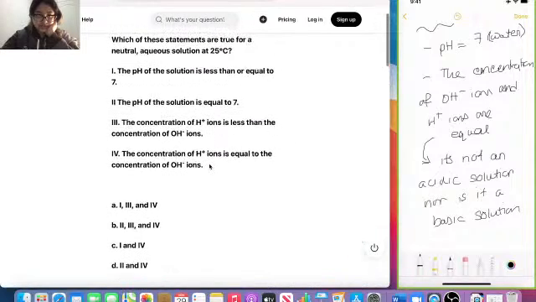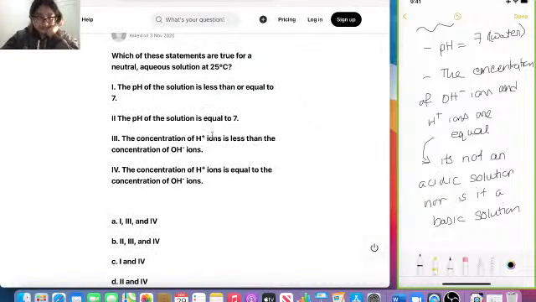It can't be number 3, where the concentration of H plus ions is less than the concentration of OH ions, because that means we have more hydroxide ions and your solution is going to be more basic, so you would have a pH higher than 7. And it can't be number 1 because the pH of the solution is less than or equal to 7.